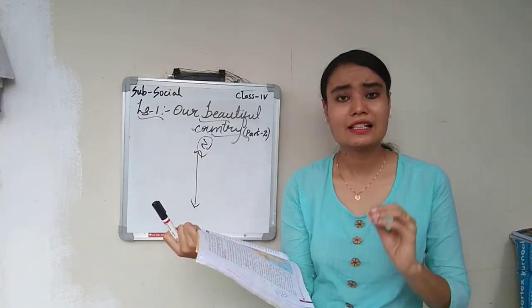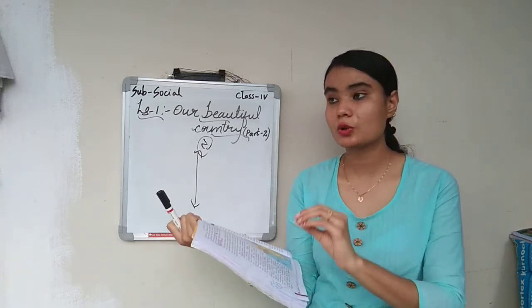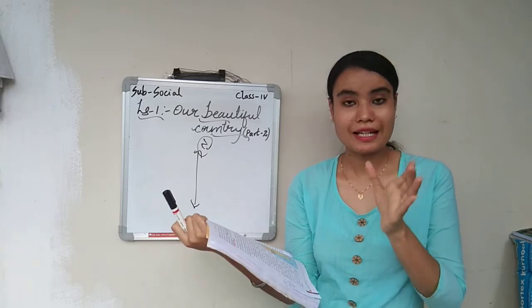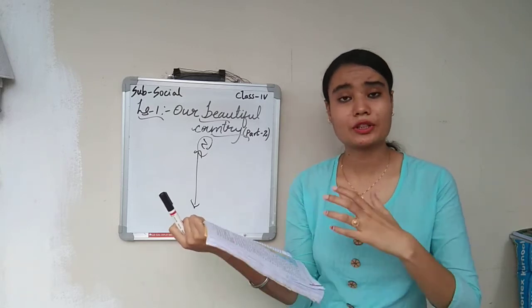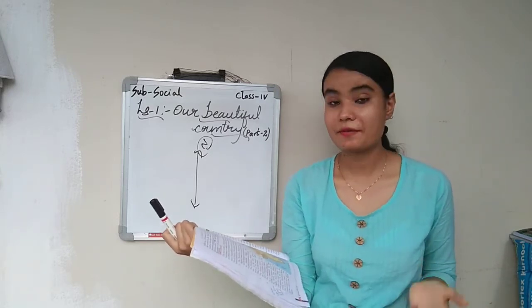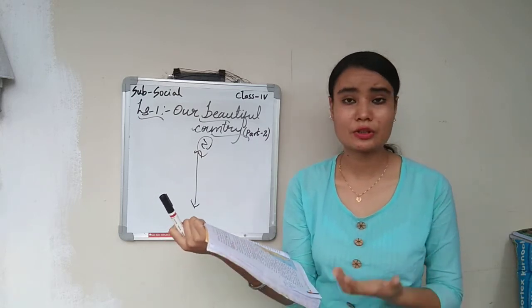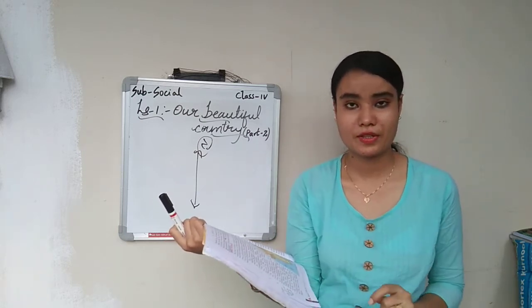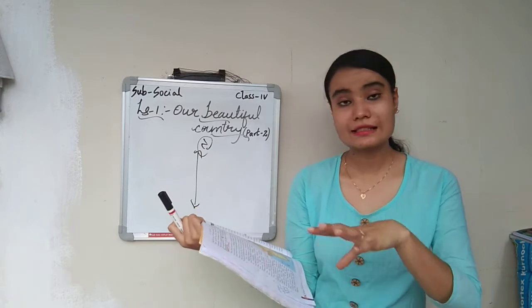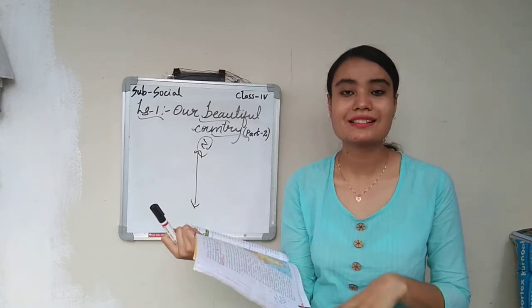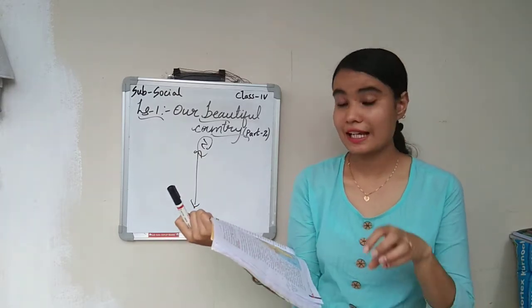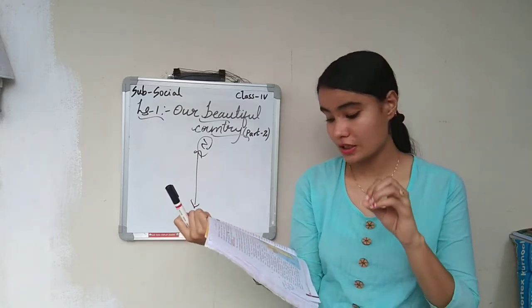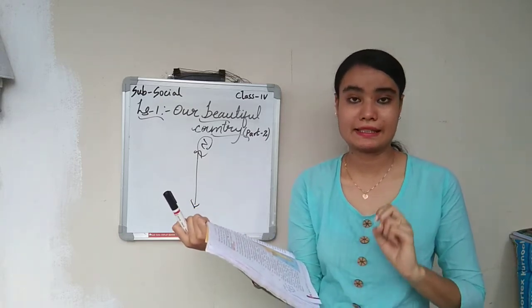Fertile in the sense that land is suitable for growing crops. If a land is fertile, it means you can grow so many crops. If a land is not fertile, it means you cannot grow even a single crop. So where the land is surrounded by the river, it means that land is very fertile, and this type of land comes under what? The northern plains.